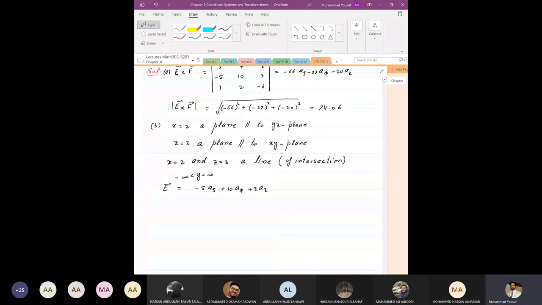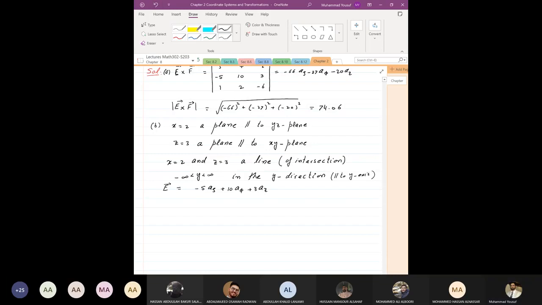And we know that this line, x equal to 2 and z equal to 3, is a line in the y direction, parallel to the y-axis. I'm saying parallel to the y-axis, not on the y-axis, parallel to the y-axis.